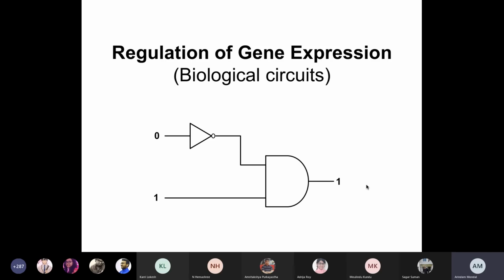That means there will be no transcript formation, and then there will be no protein formation. But when the circuit remains on, there will be gene expression. That means there will be transcript formation as well as protein synthesis.